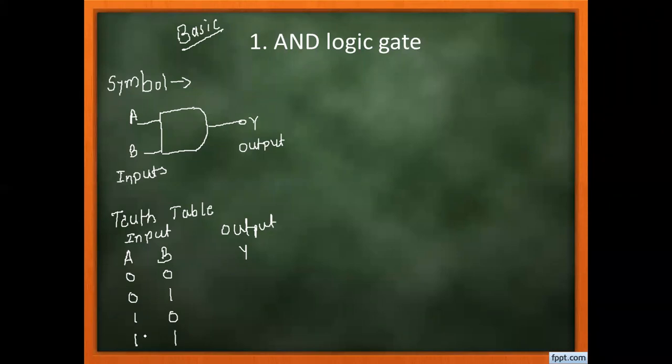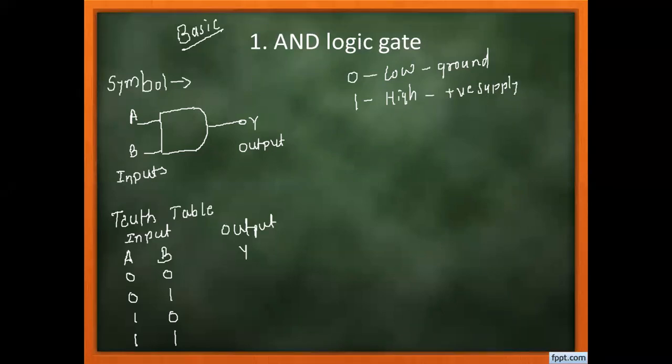Here 0 represents the low signal and 1 represents the high signal. Or you can also say that 0 means the terminal is connected to ground, and 1 means the terminal is connected to the positive supply. This is the difference between 0 and 1.